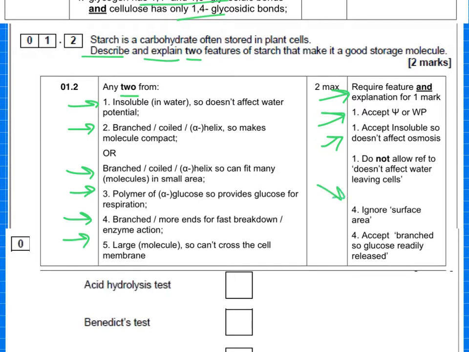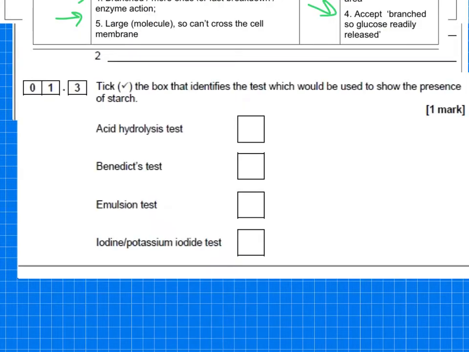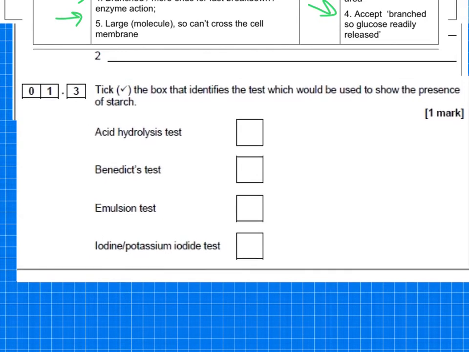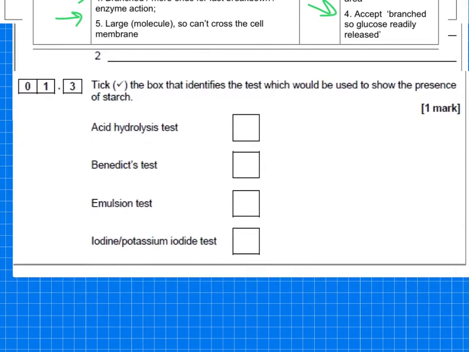Ignore surface area, do not allow reference to doesn't affect water leaving cells, but they would accept branched, so glucose is readily released.